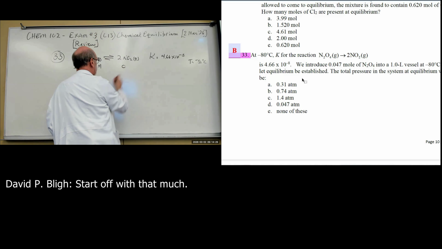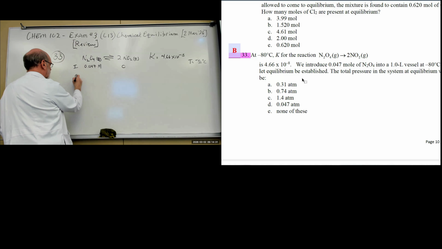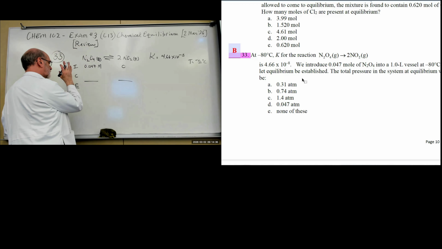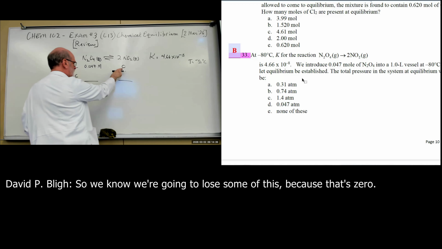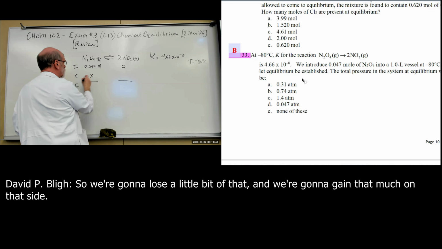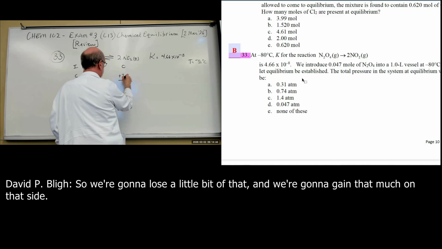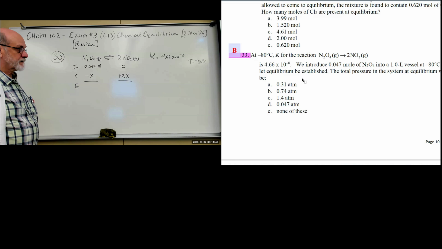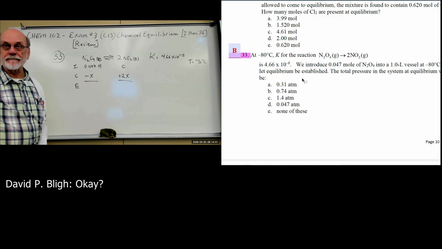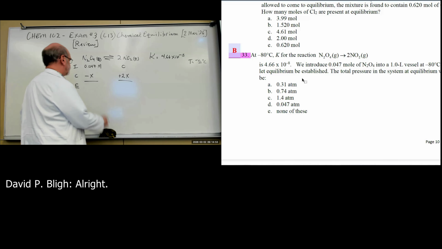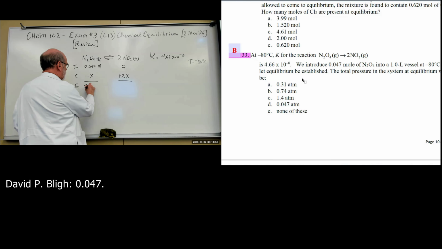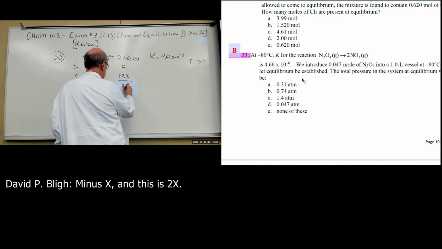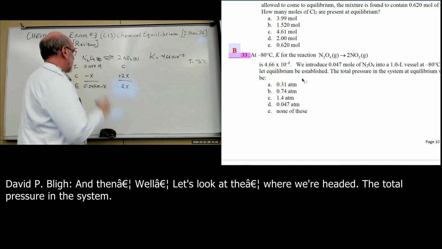Start off with that much, and then the change. We know we're going to lose some of this because that's 0. So we're going to lose a little bit of that, and gain that much on that side. 0.047 minus x, and this is 2x.